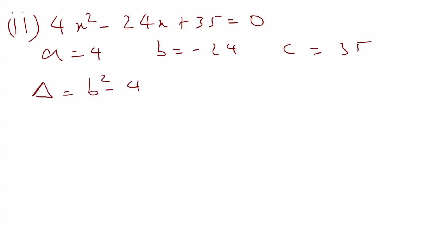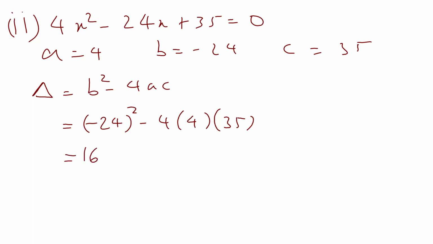Delta is B square minus 4AC, minus 24 the whole square minus 4 into A into C. So let us just calculate this. Answer is 16. So it's greater than 0.